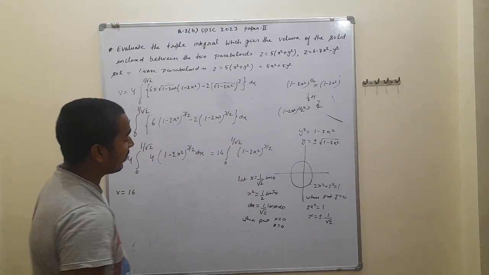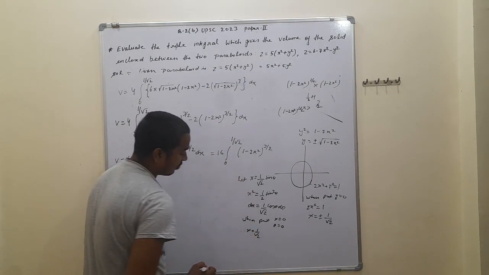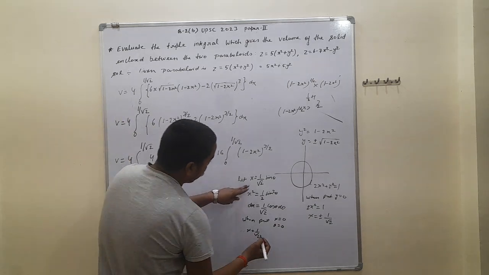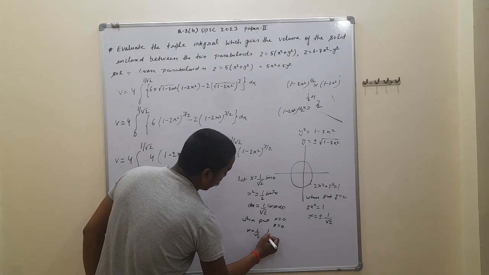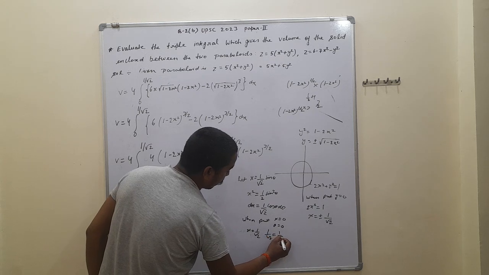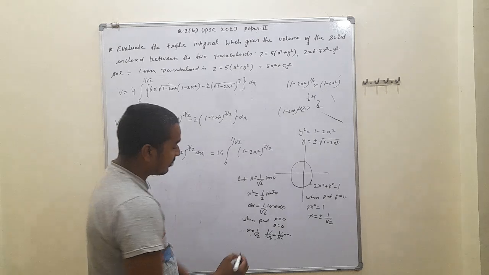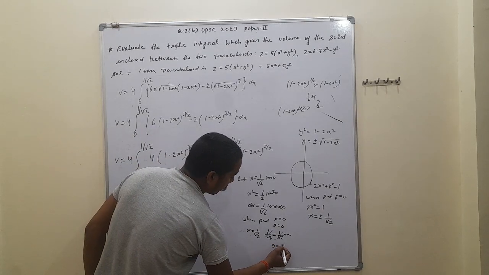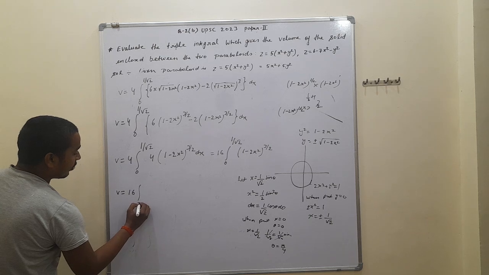Then we put x equal to 1 upon root 2, so 1 upon root 2 is equal to 1 upon root 2 sin theta. From here we find theta is equal to pi by 2. So the limits are 0 to pi by 2.